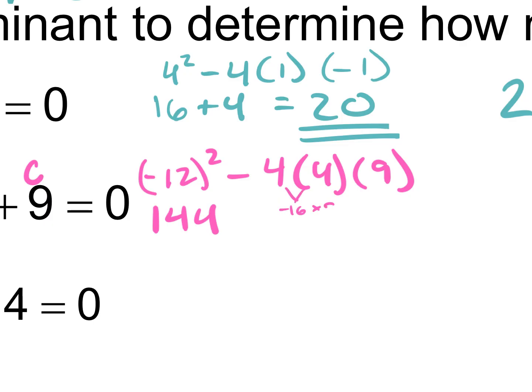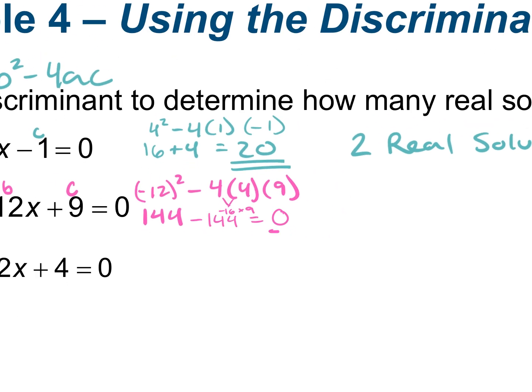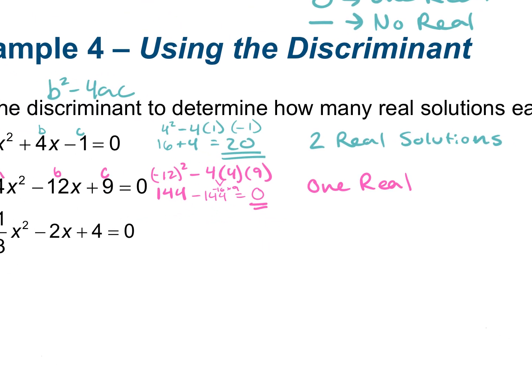And negative 16 times 9? 144. We just did that before. But if you don't remember, write it out. Do 16 times 9. Write it out. So minus 144. What's 144 minus 144? 0. What do we know if our discriminant is 0? We have one real solution. Any questions here?